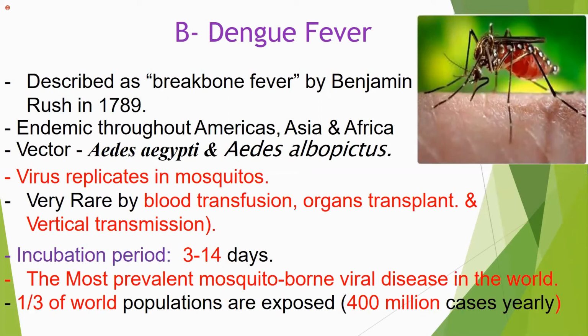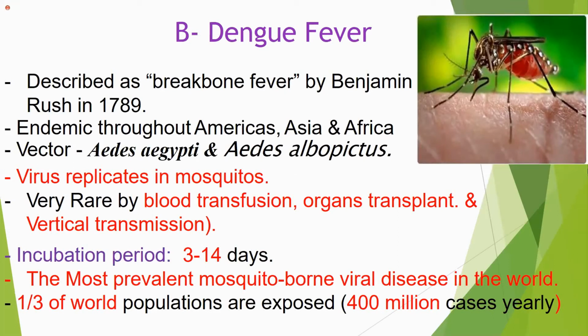Then coming to dengue fever, which is the most common febrile illness after malaria and respiratory tract infection. It was described as breakbone fever by Benjamin Rush in 1789. It is endemic in more than 120 countries of the world, throughout the Americas, Asia, and Africa.